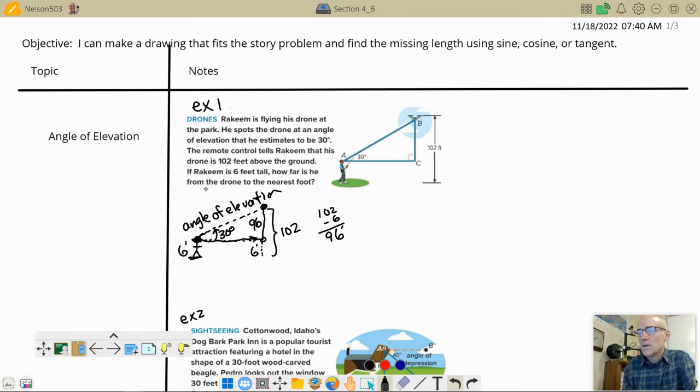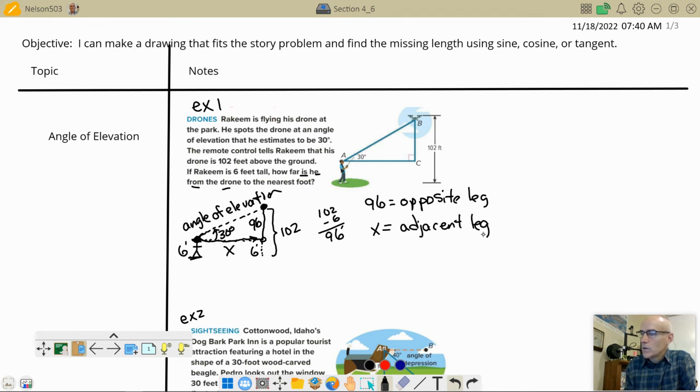Now it says, how far is he from the drone? Okay, well, that's this distance right down here, x. That's the adjacent leg. This is the opposite leg. So 96 equals the opposite leg, okay? And x, the distance we're looking for, is the adjacent leg.